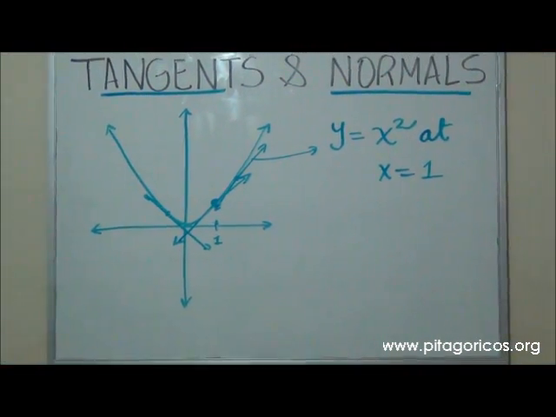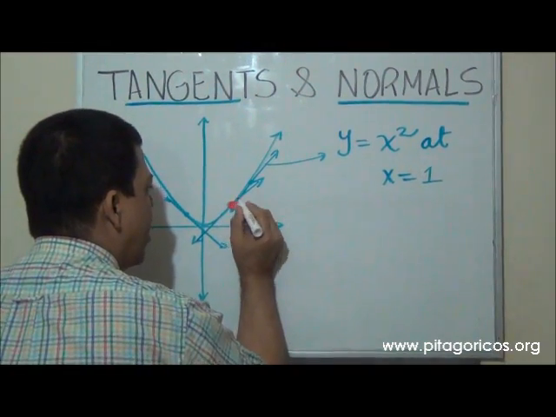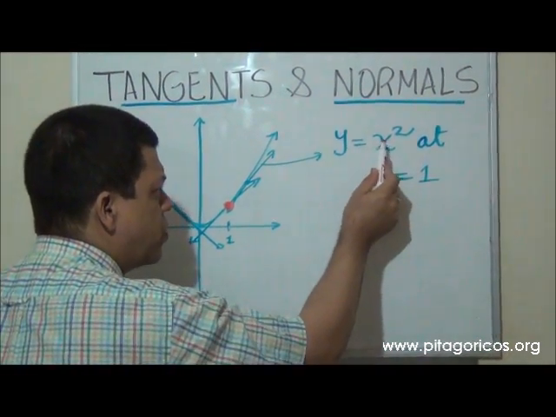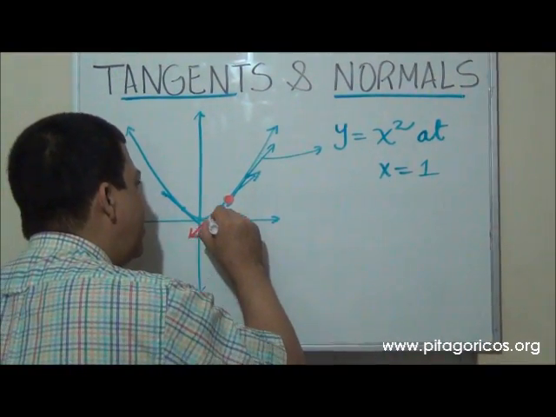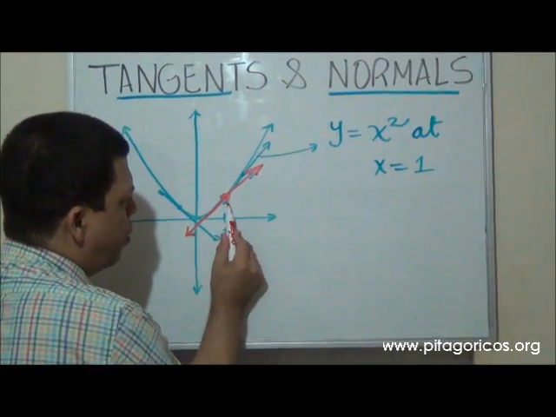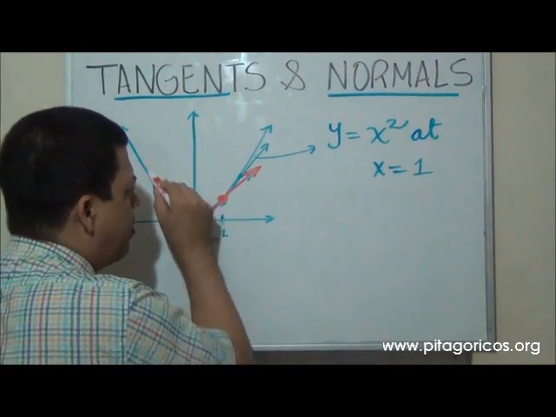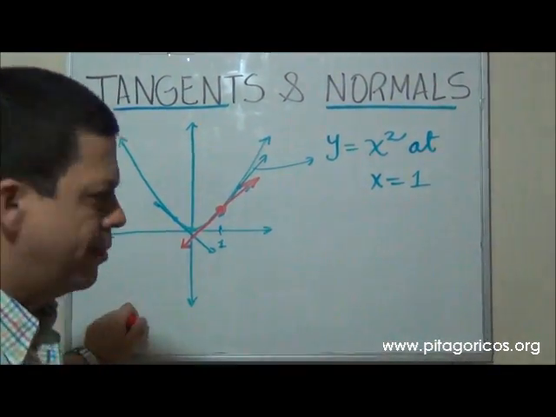I'm going to use the red marker for you to identify what we are talking about here. If they say, find the tangent to the curve y equals x squared at x equals 1, what we are doing is finding the equation of a straight line that passes exactly through this point when x equals 1. This is a point in the parabola, and this is also a point in our straight line.